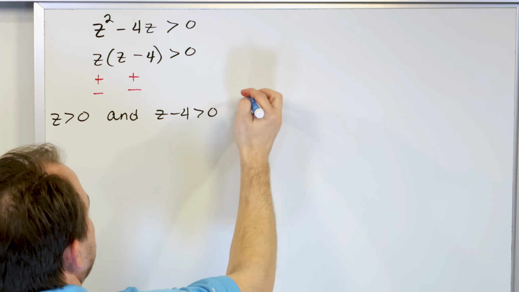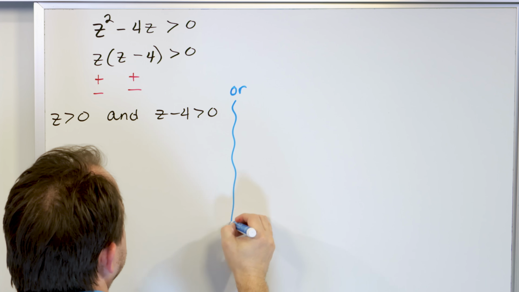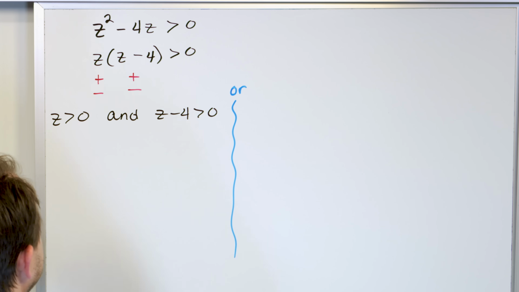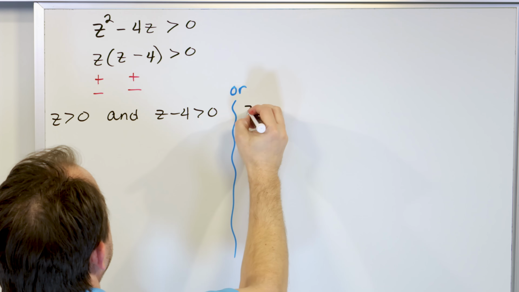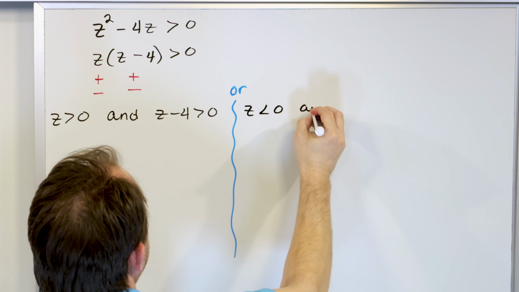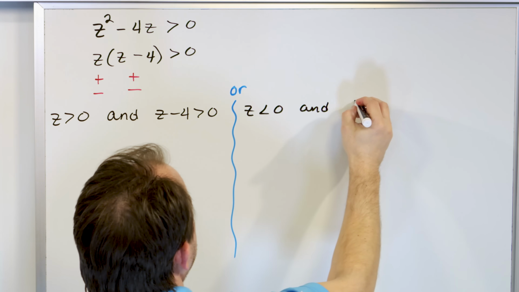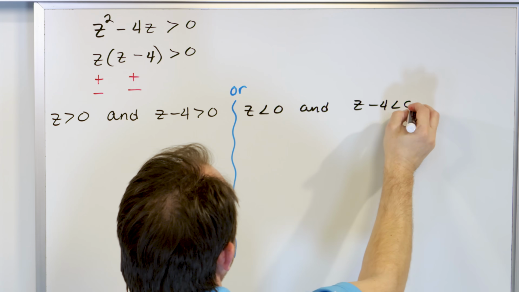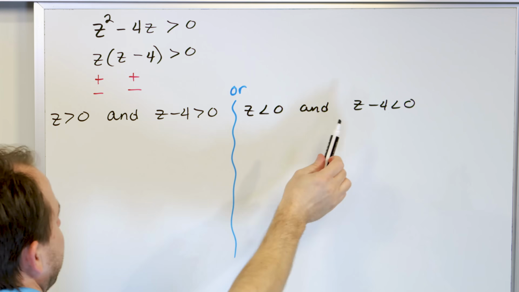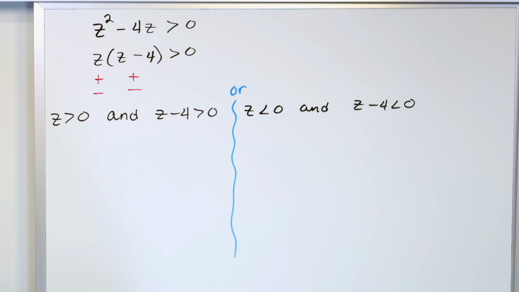Then you can write the word or. The following case can also be true: z less than 0 and z minus 4 less than 0. So you have both positive or both negative. That's the way you write that.